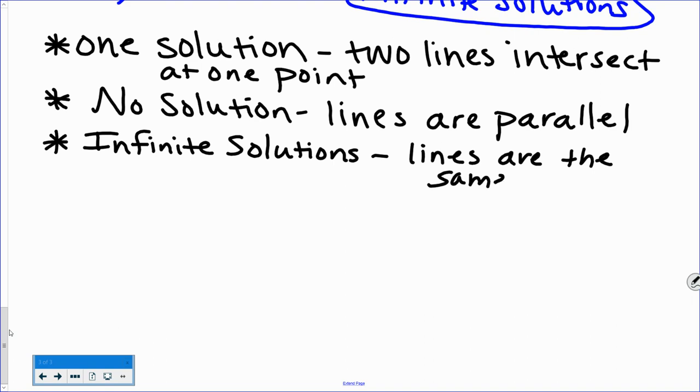Because when you're done, your variables cancel out, but you end with a true statement, something that does make sense. So any point on those lines would satisfy both equations. Okay, so not any point that exists, that would represent all real numbers. It's infinite because the line stretches forever, but only the points within that line.